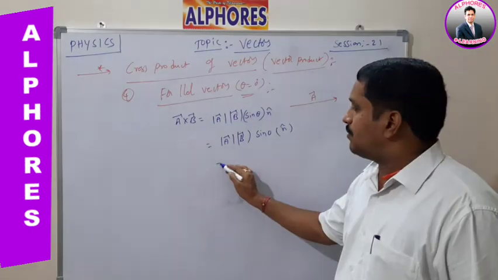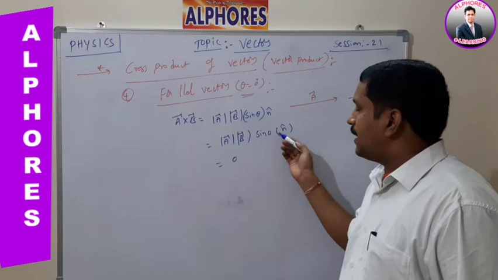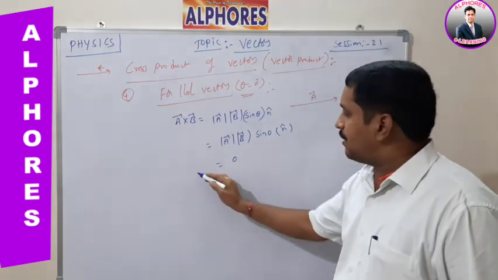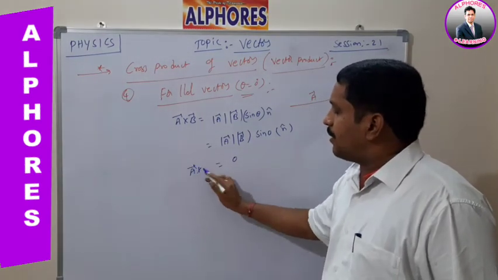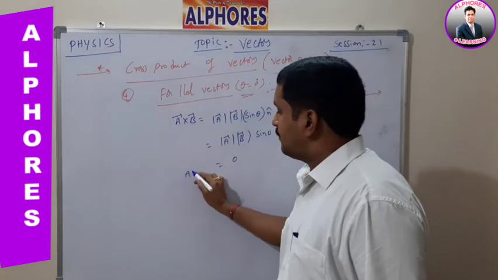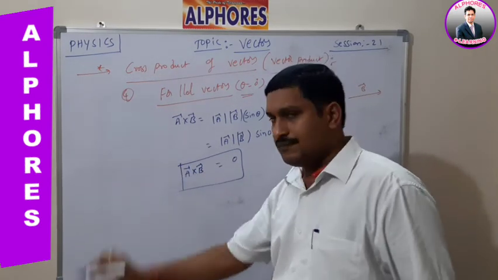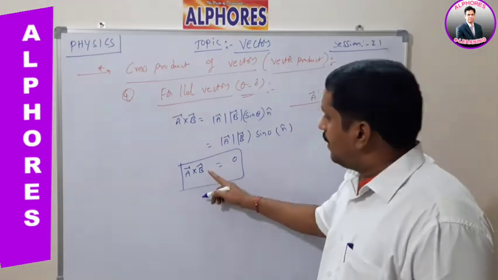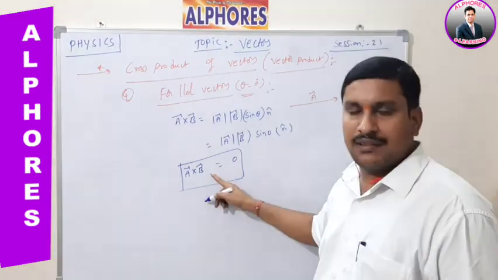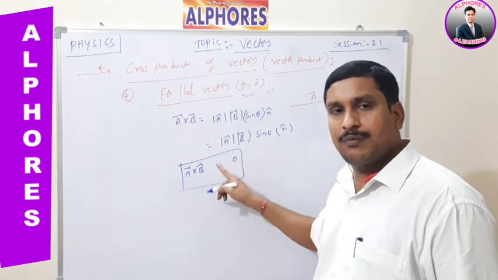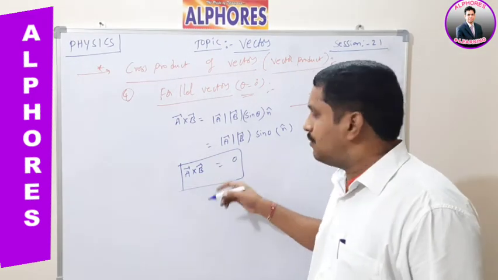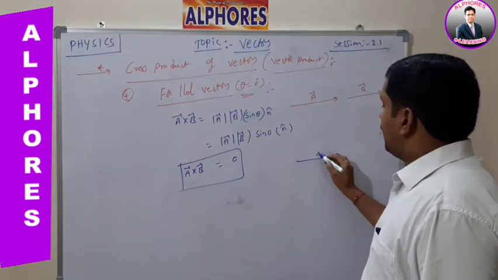That means 0 into any vector is nothing but 0. So A bar cross B bar is equal to 0. That means the cross product of two like vectors, or two parallel vectors, is always 0. That's why I have to take one more example.